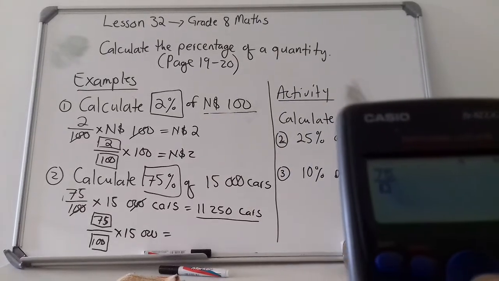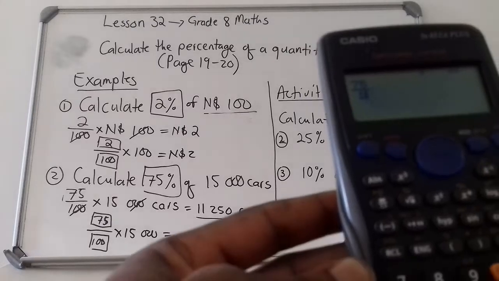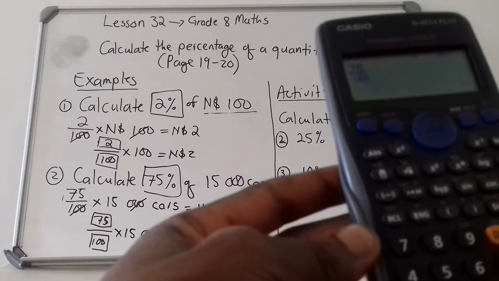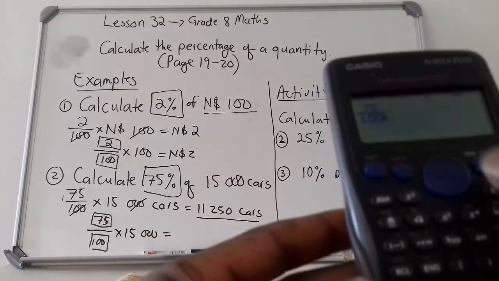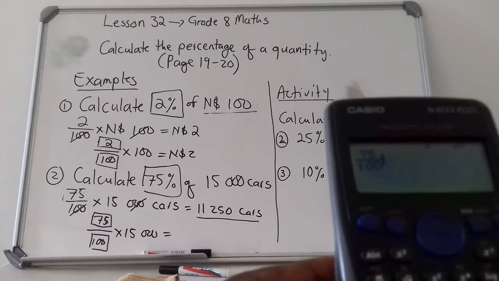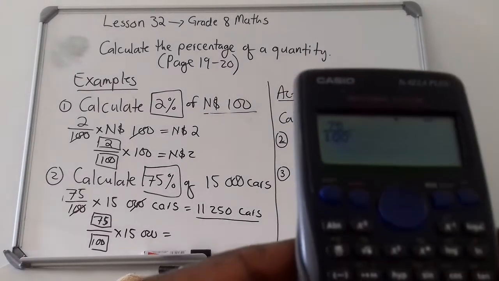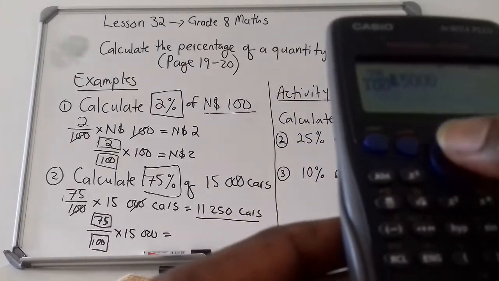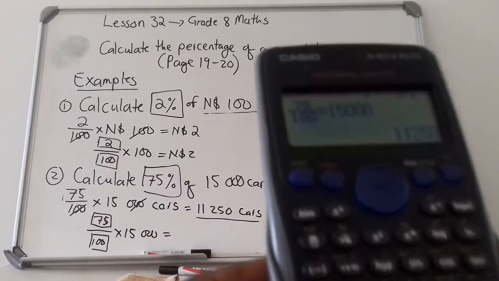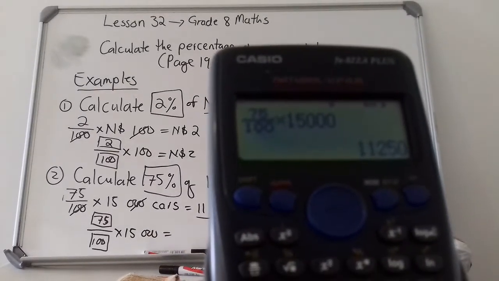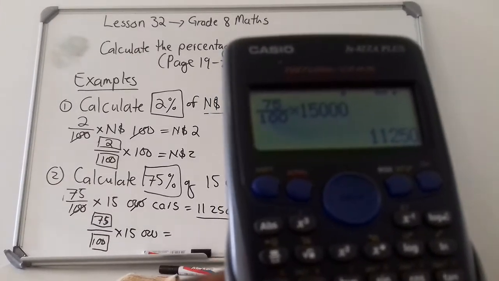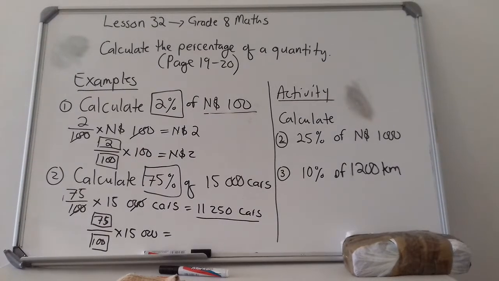And then at the bottom, you put 100. And then you say times. So you move the cursor so that it comes there. Then you multiply by 15,000. So your answer will be, where did we go wrong? So times. So it will be 11,250 cars.